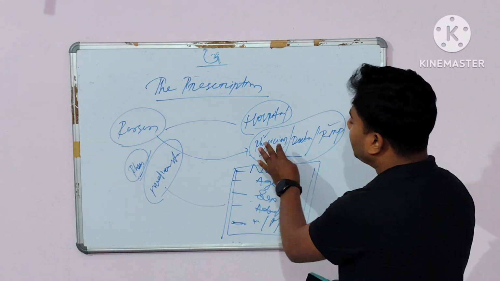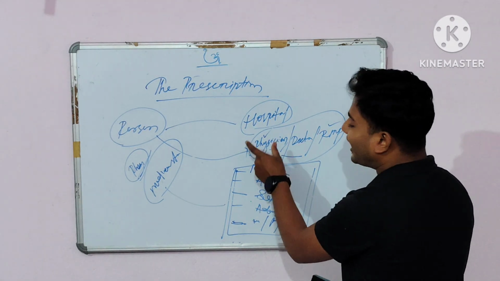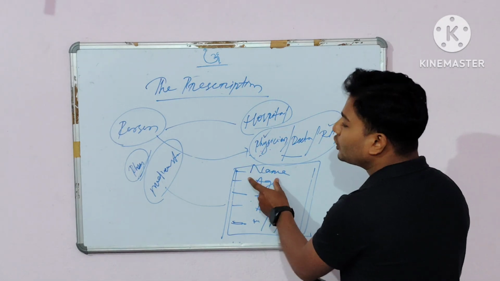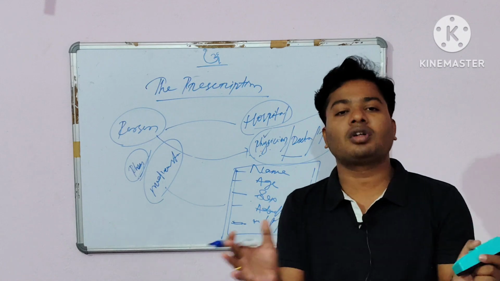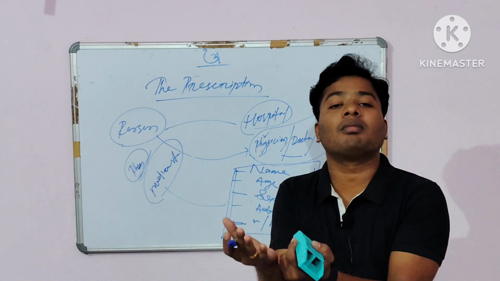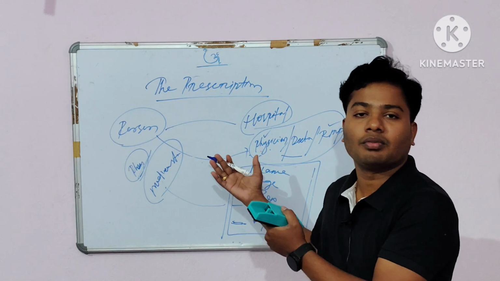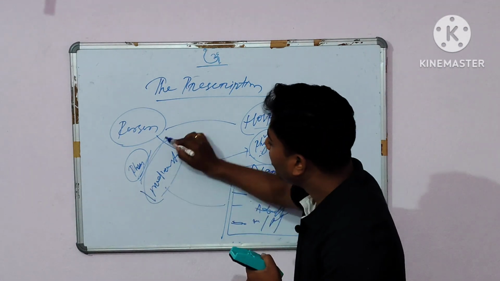Those medicines are prescribed by the physician, and that information goes directly to the pharmacist, because a patient doesn't know about the rational use of drugs or the handwriting of doctors. That's why it goes directly to the pharmacist.